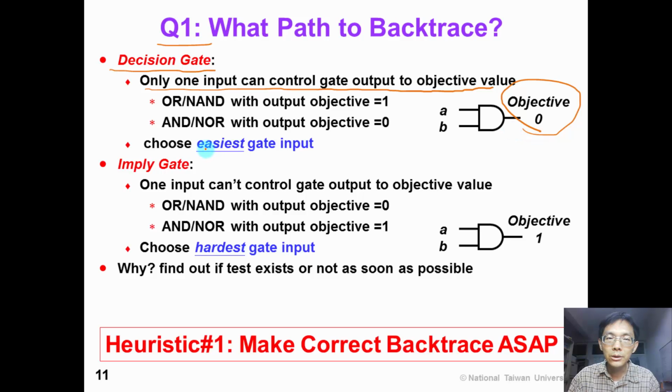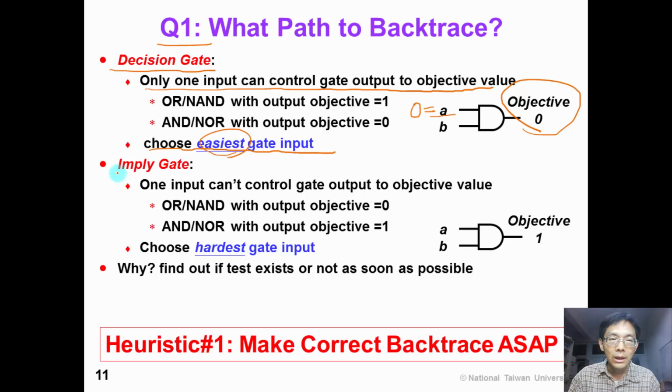This is a decision gate, and PODEM proposes to choose the easiest gate input to achieve this objective. For example, if A is a primary input, which is the easiest gate input, then we just directly assign A to 0. Then we can achieve this goal.